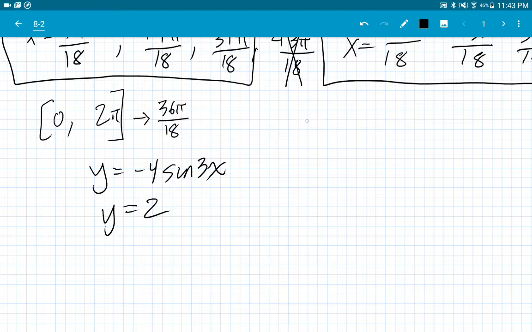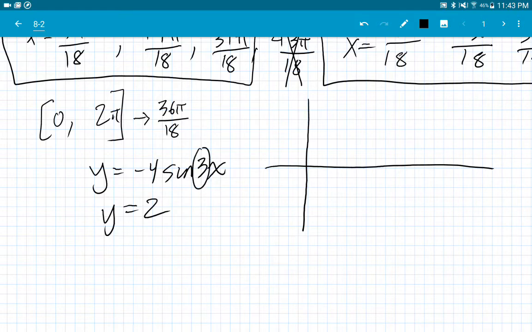So we do have to recall how to graph transformations of trig equations. And when I look at this, what I remember is that the 3 is telling me that 3 complete periods make up the same as 1 normal period.